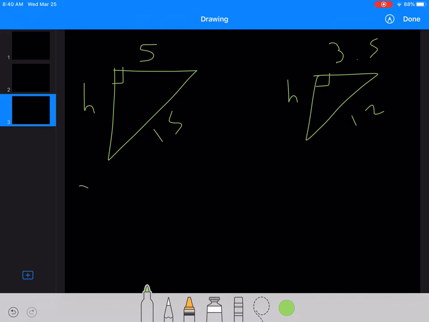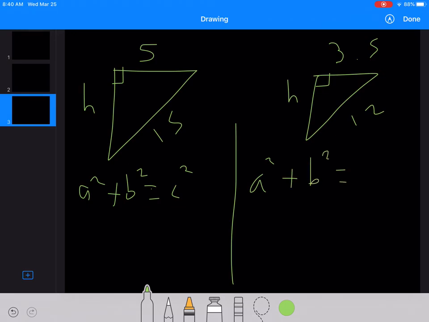So remember, a squared plus b squared equals c squared. And on both sides, we'll do it both together. So let's call a the height side. That's my a. That'll be my b. That'll be my c, because the hypotenuse is always the c. A, B, C. Alright. So a is h, so it's h squared.